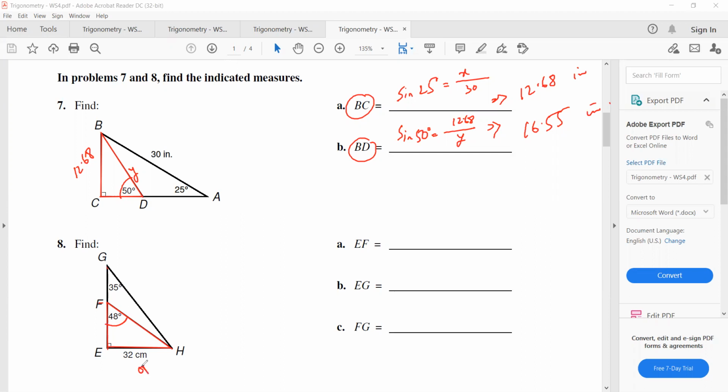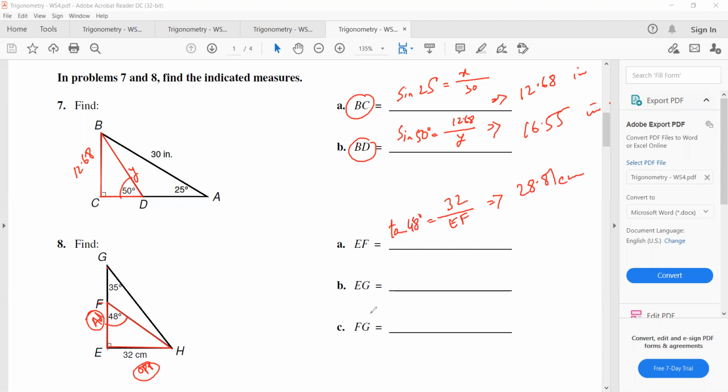This is the opposite side, and this is the adjacent side. Adjacent side you have to find, right? Yes. So you have to use tan. tan 48 degrees equals 32 on EF, right? So EF equals 28.81. Yeah, correct, 28.81.